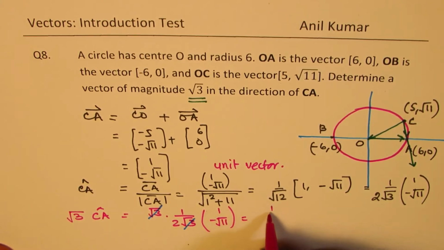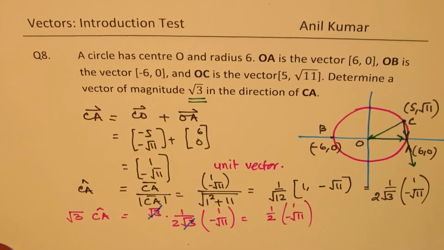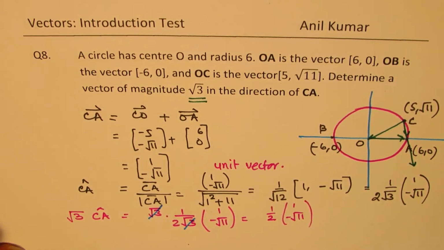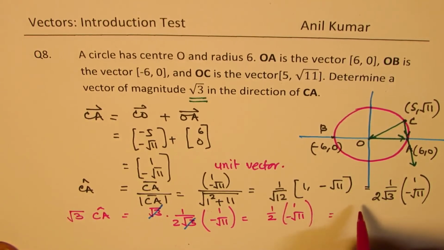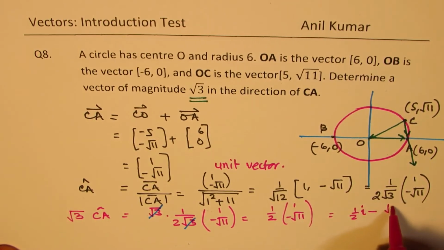So you get your answer as half of (1, minus square root 11). Okay? So that becomes your vector. Clear? Or you could also write this as half i minus square root 11 over 2 j.